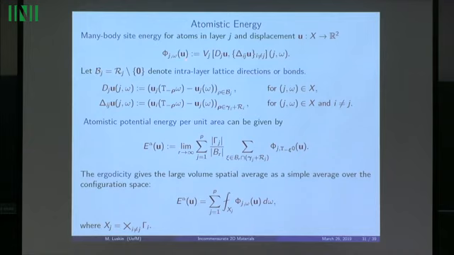Now this packs it in kind of dense, like I said. What I'm interested in is an atomistic potential energy per unit area. Again, I take this large body limit, but at any fixed radius r, I sum over the energy of each layer, J from 1 to p.